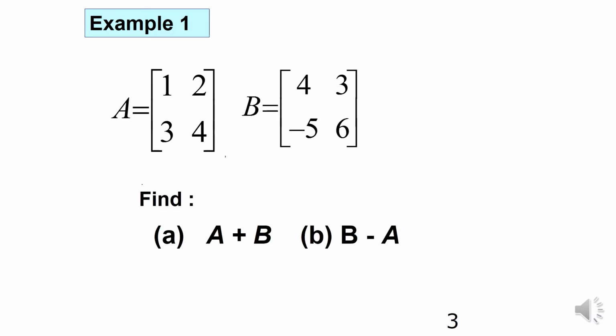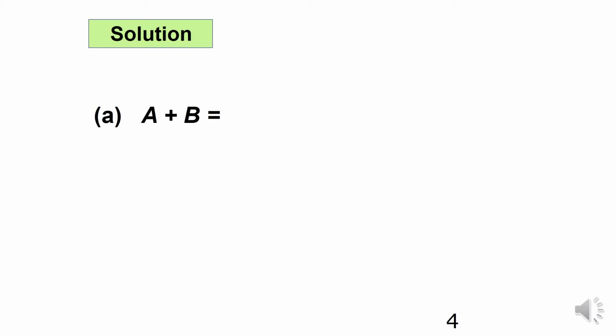Find matrix A plus matrix B, and for the b part, matrix B minus matrix A. The first one, matrix A plus matrix B.